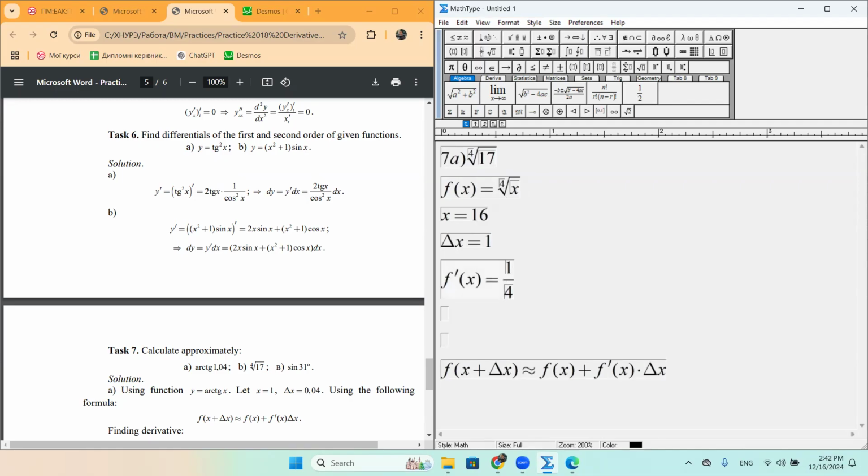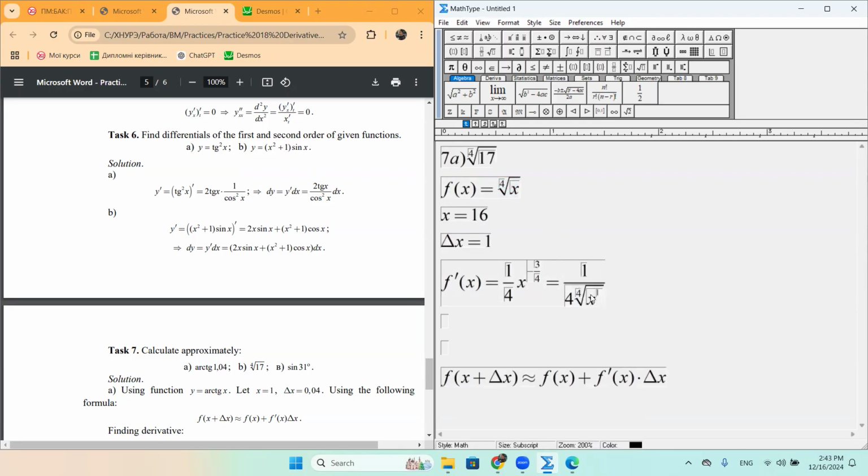So x in power of minus 3/4. And if we rewrite, so 1 over 4 and x cubed under the root. So that's what we have.